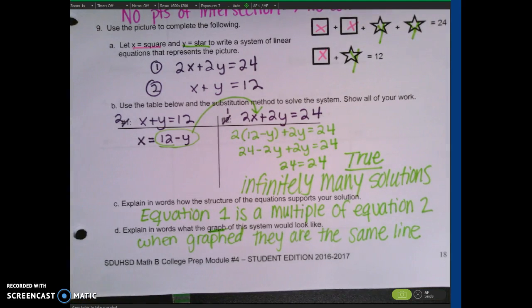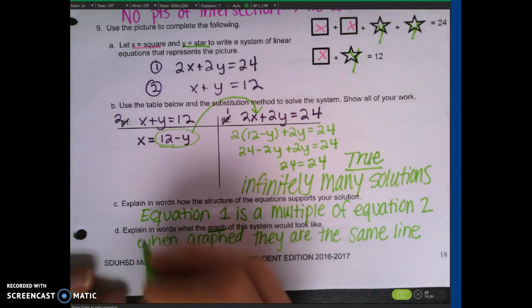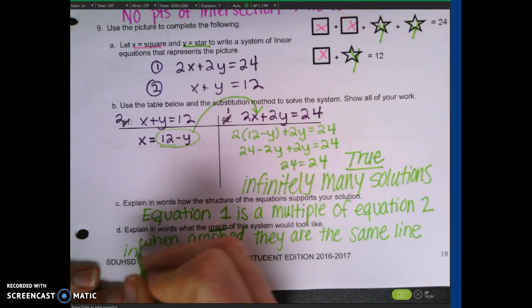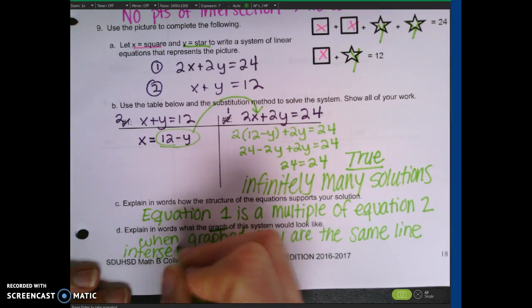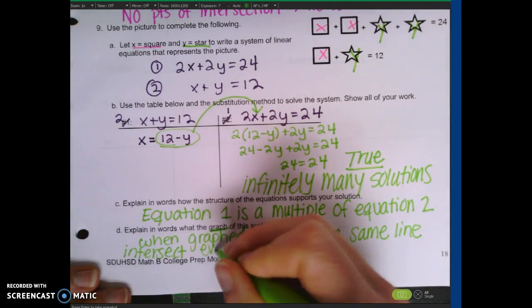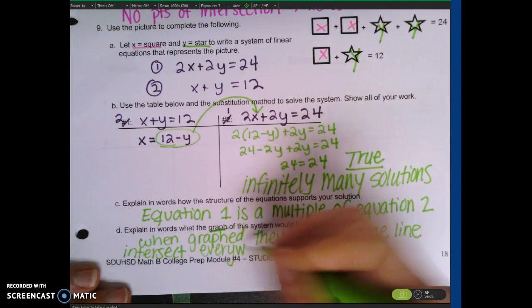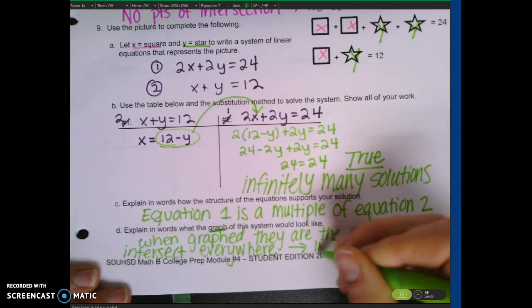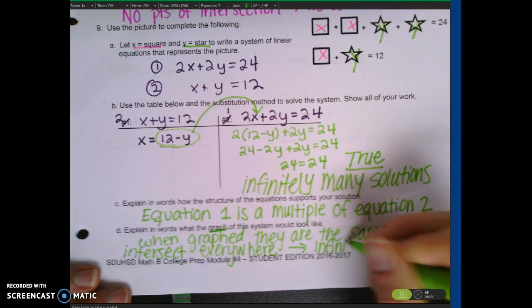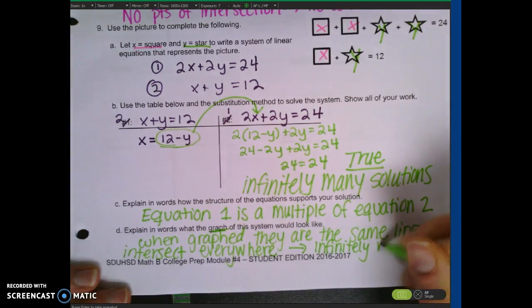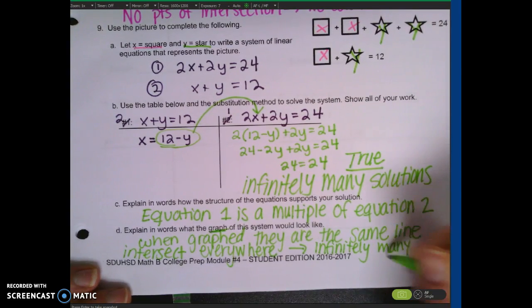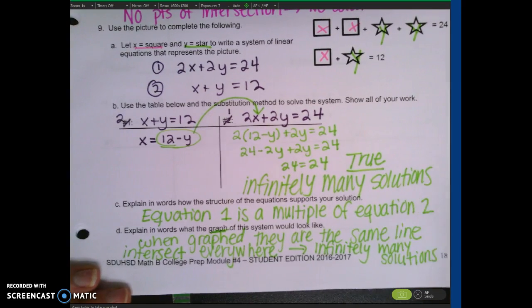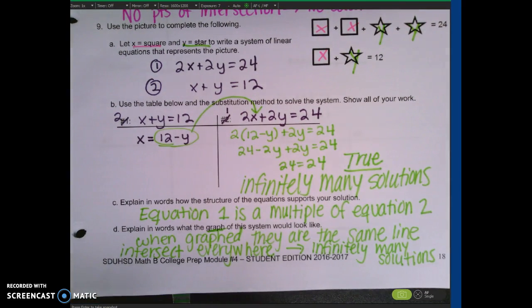Where do lines intersect each other if they're the same line? Intersect everywhere. That's why there's infinitely many solutions. Great job.